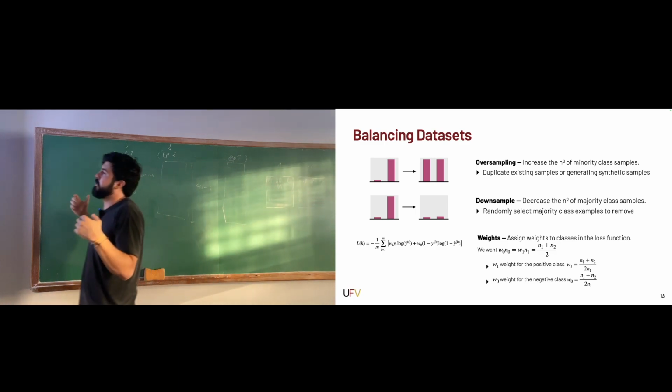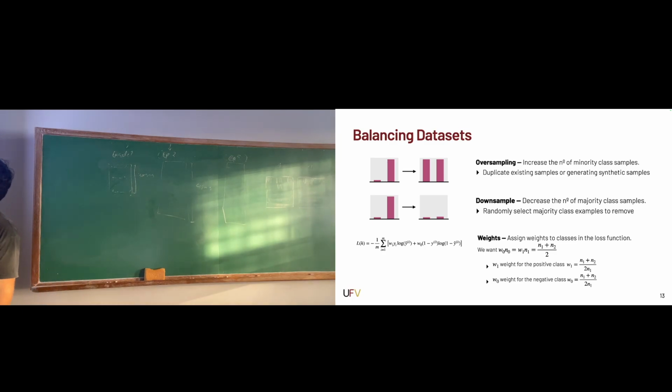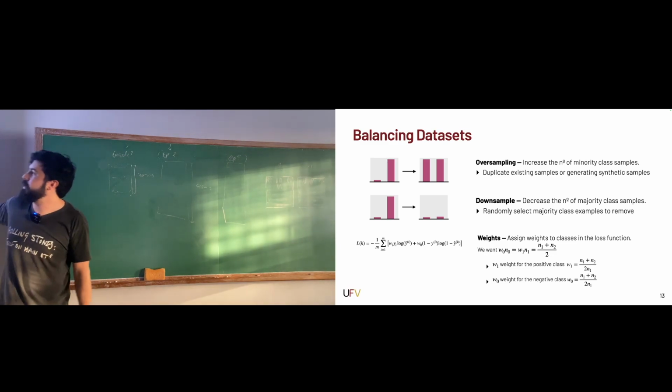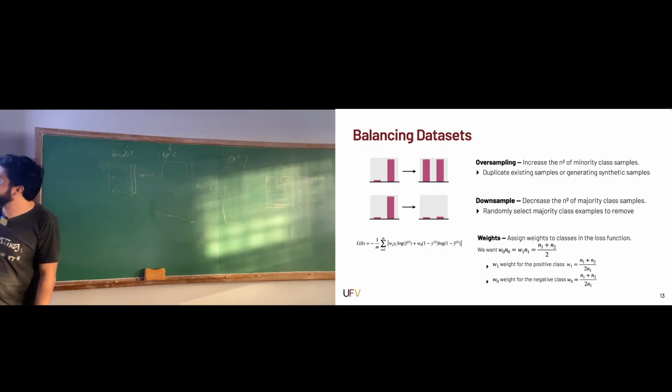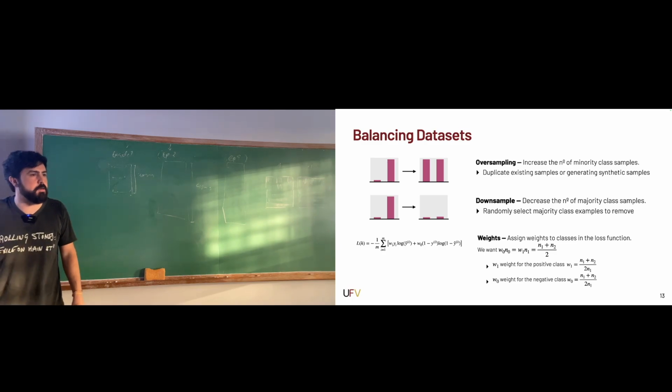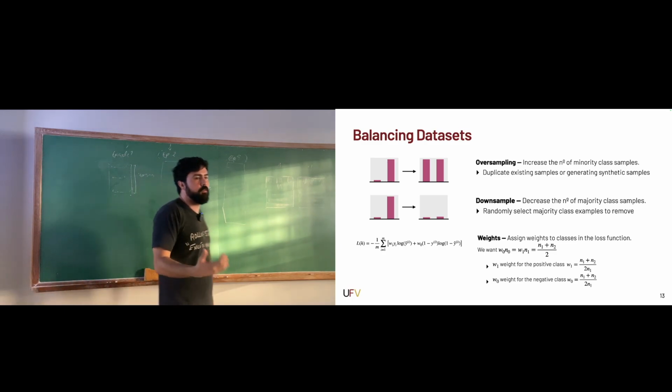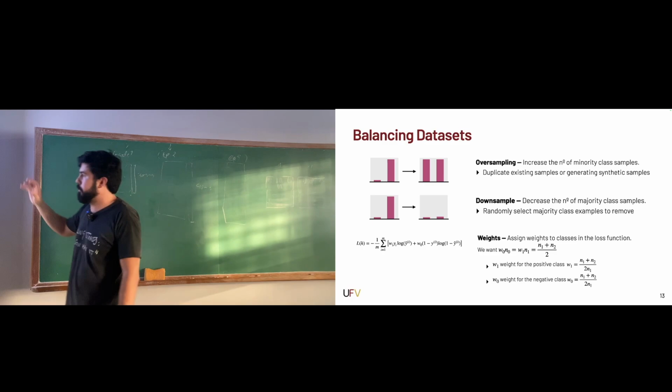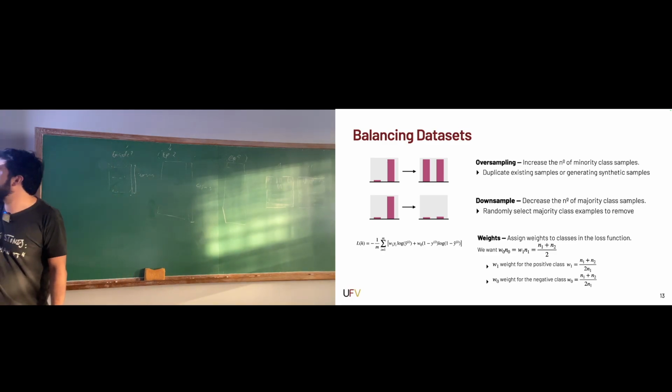So the idea is I have, let's say, the positive class and the negative class. I'm going to create two weights, W1 and W0, and I want these weights to be proportional to the amount of examples I have for each class, which I'm denoting N0 and N1.